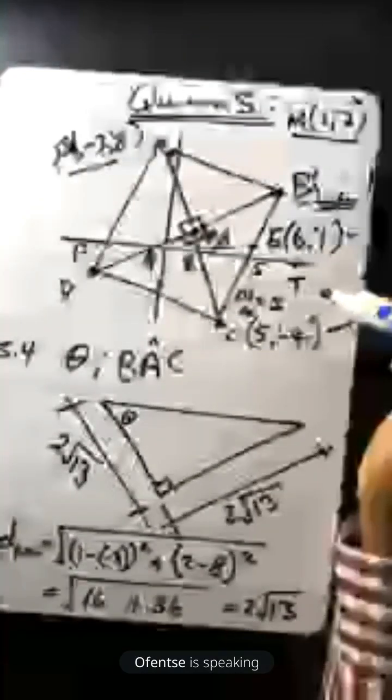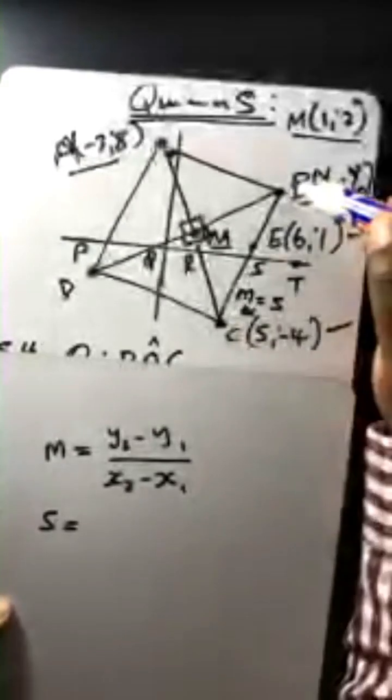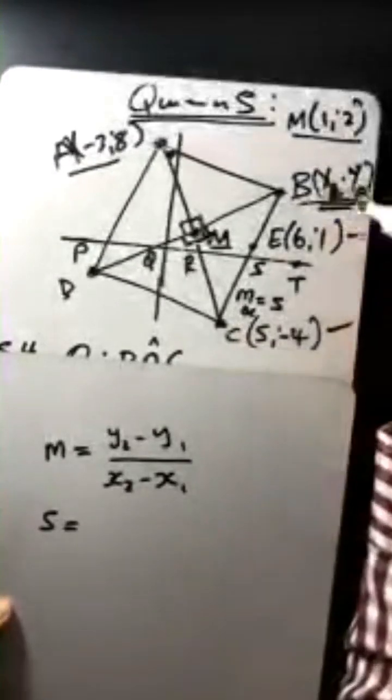But yes, honorable member, we know the gradient is 5. Let's say this is y2, and x and y of B. So we know the gradient of that line is equal to 5.